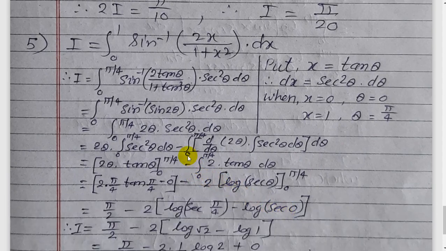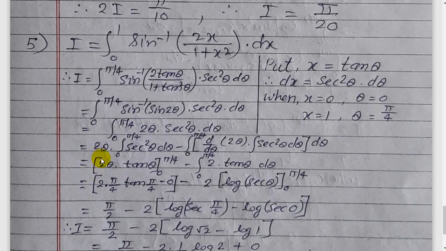Here the outer integration contains 0 to pi by 4, so no need to write 0 to pi by 4 again and again, because the limit 0 to pi by 4 applies to all the terms in the bracket.